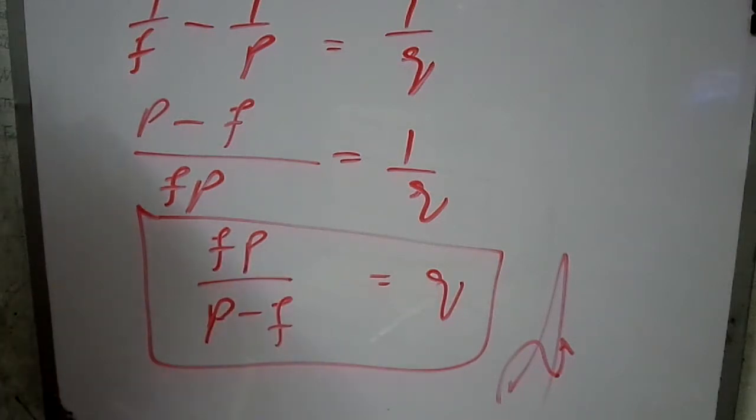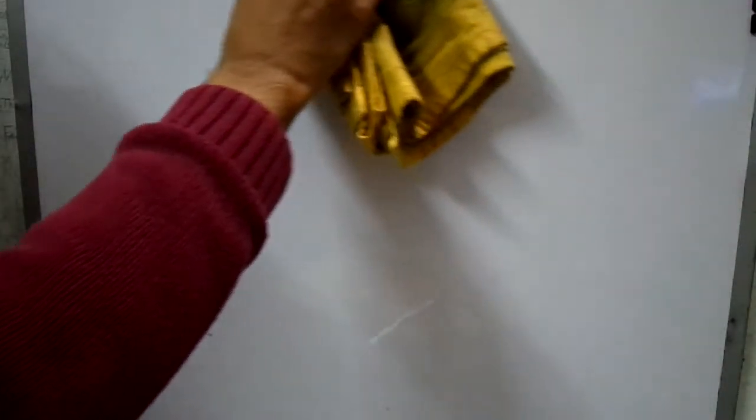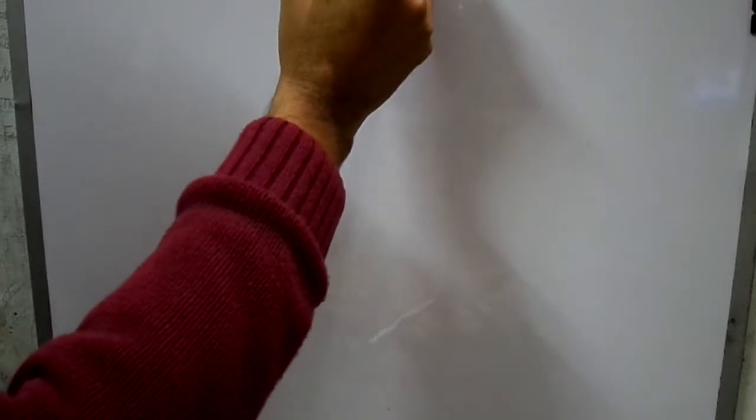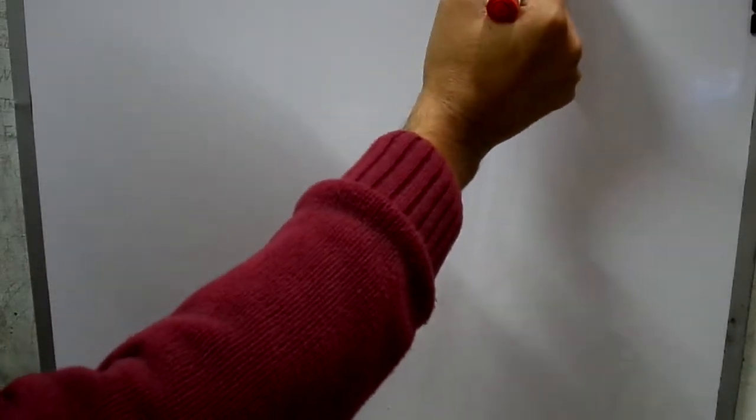Now coming to the next part, that is J part. In J part, S is equal to UT plus half GT square.